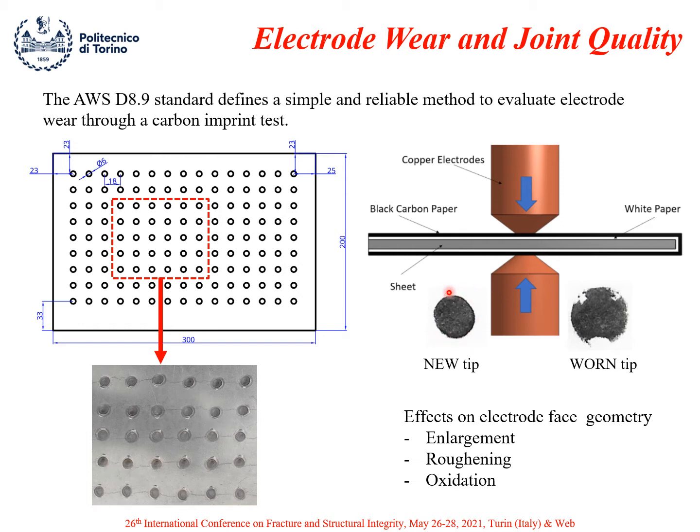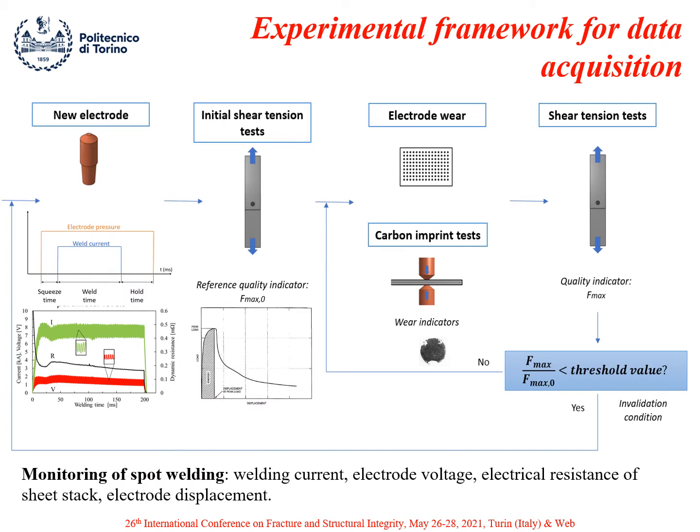Particularly, here you can see an example of the imprint of the new electrode tip, and here the typical imprint of a worn electrode. And so, after a certain number of spot welds, we can define the mechanical strength of the spot weld after realizing shear tension samples.